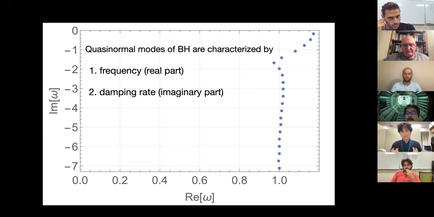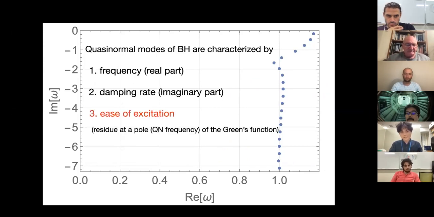But not only the frequency and damping rate, the ease of excitation of each quasinormal mode also characterizes the quasinormal modes. So each quasinormal mode has its own ease of excitation. This can be estimated by the residue of the poles of the black hole Green's function.